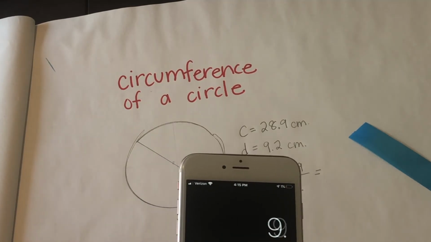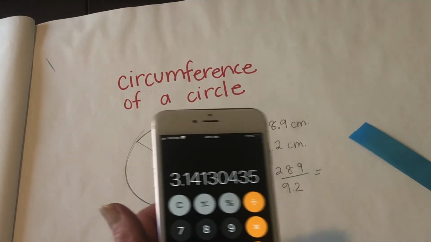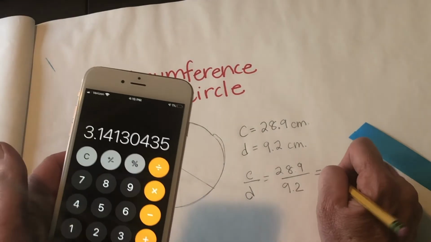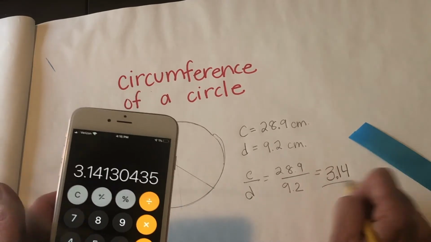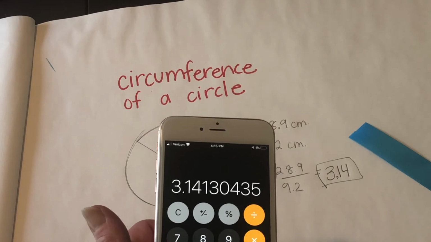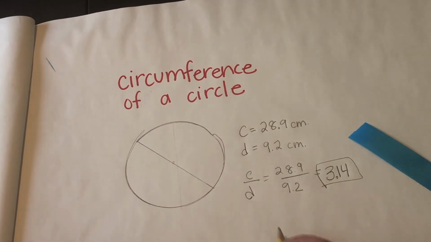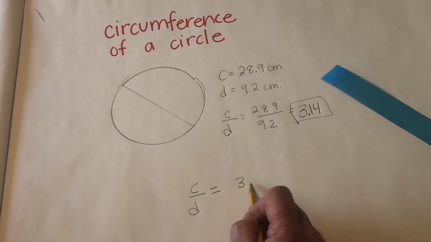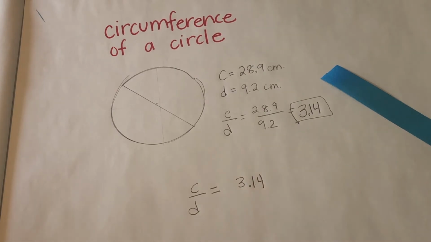I need to put this into my calculator. So I have a circumference of 28.9 divided by 9.2, and voila, 3.14. So far we are seeing that this measure is a constant. When we divide circumference by diameter, we're getting 3.14.